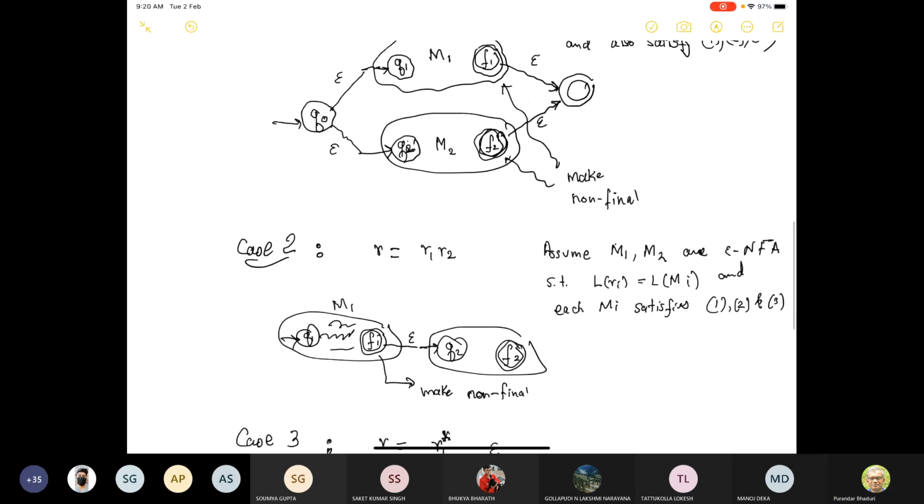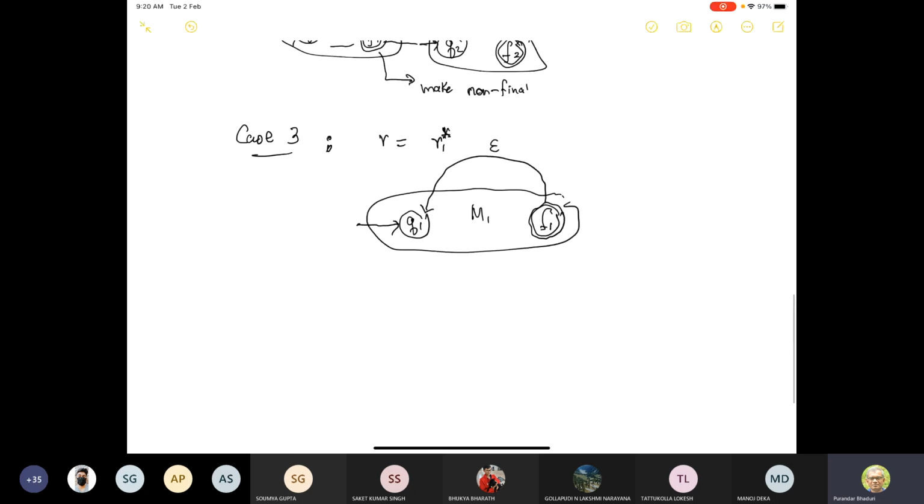So what would go wrong if we didn't require that there are no transitions going into the initial state?